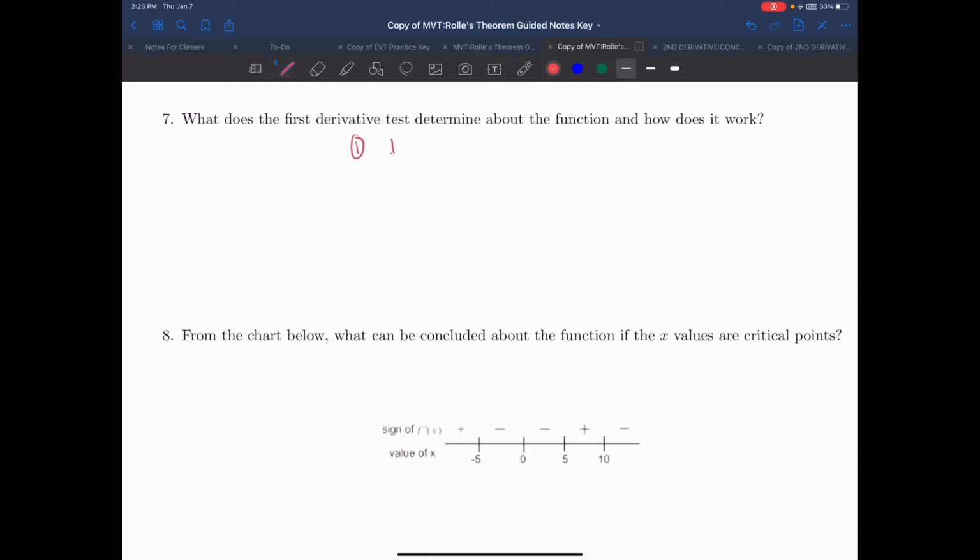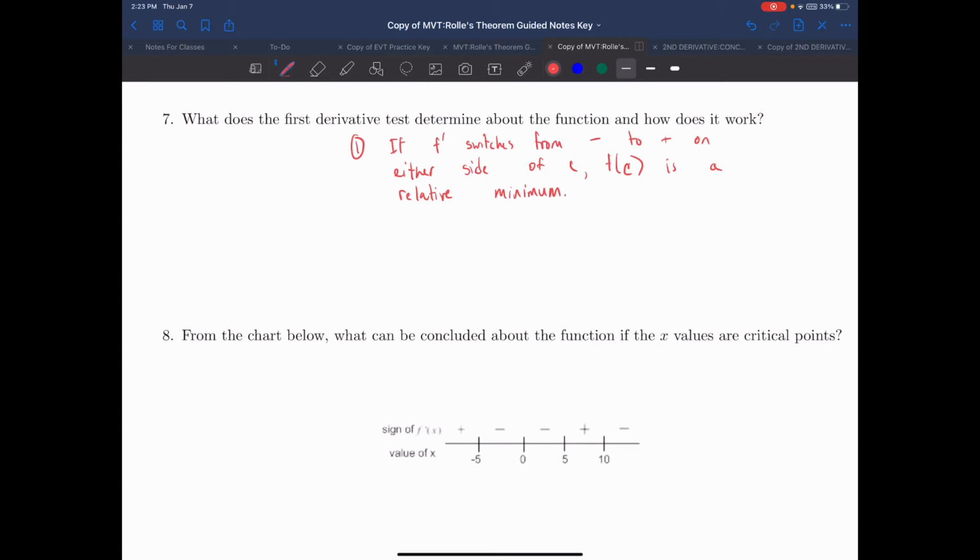So if f prime switches from negative to positive on either side of C, f of C is a relative minimum. So that means if the slope changes from negative to positive, then that means C would be a minimum.